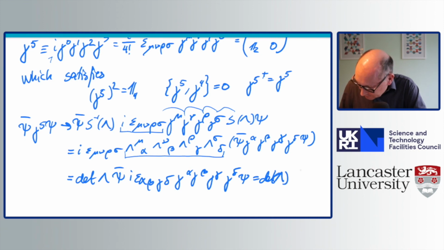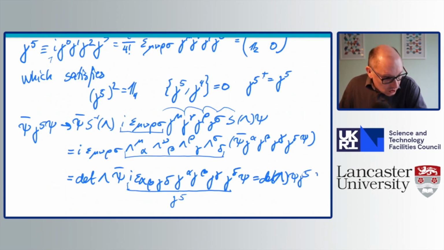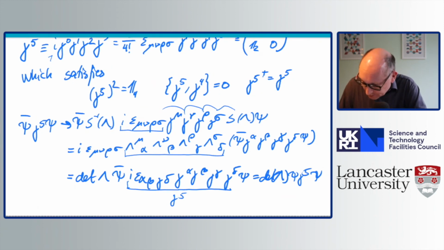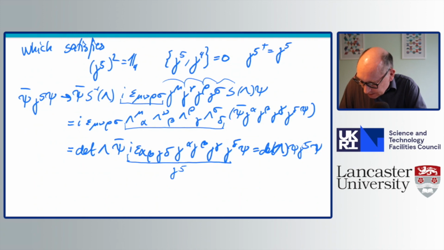What we have here is just gamma 5 and psi. Now I'll just write this up. So what we have here is that psi bar gamma 5 psi translates into psi bar gamma 5 psi with the determinant of the Lorentz transformation. Now this is how a pseudoscalar transforms.